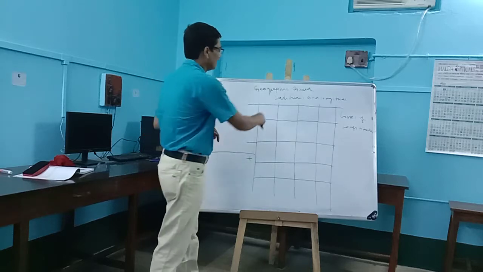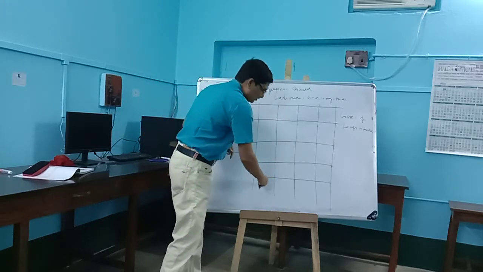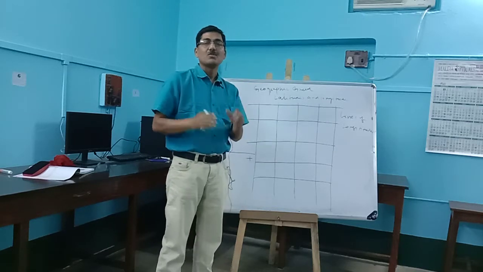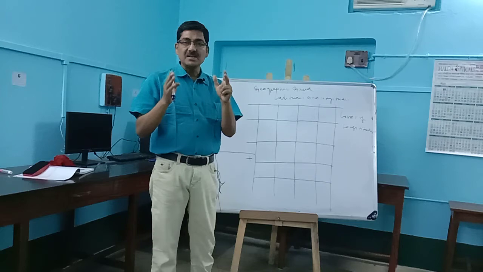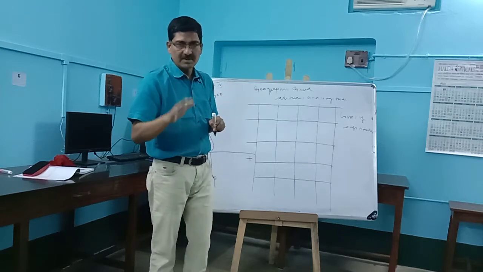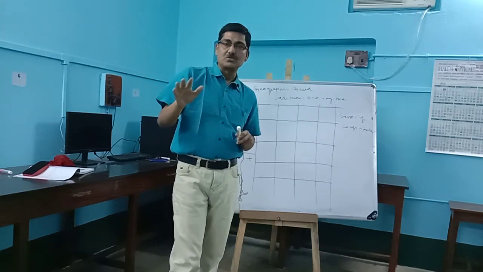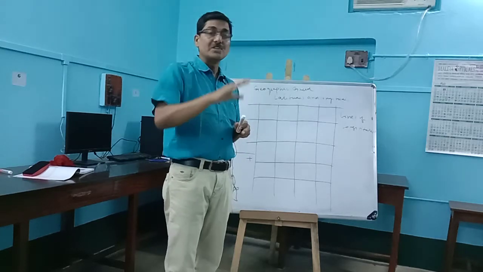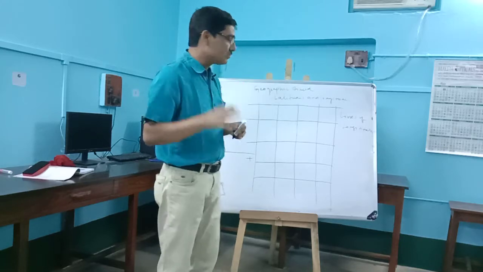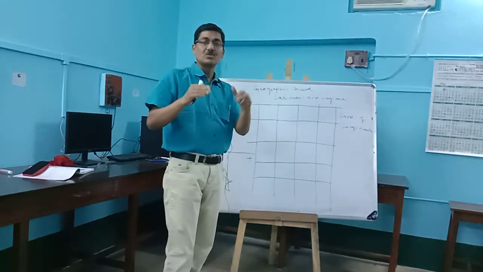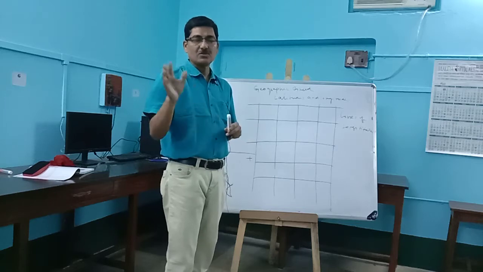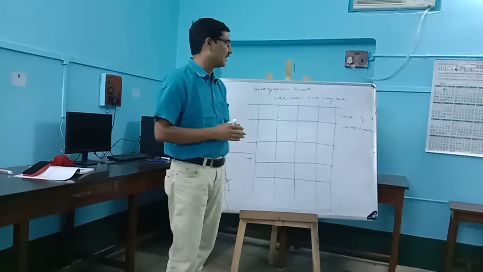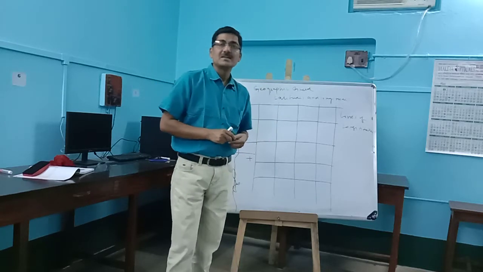On the other hand, the lines running from north to south, we consider them as the y-axis. So with the help of these lines of latitudes and the lines of longitudes, we locate places on the earth. Without these reference lines, we cannot locate any place on the earth. So this is the importance of the grid system.